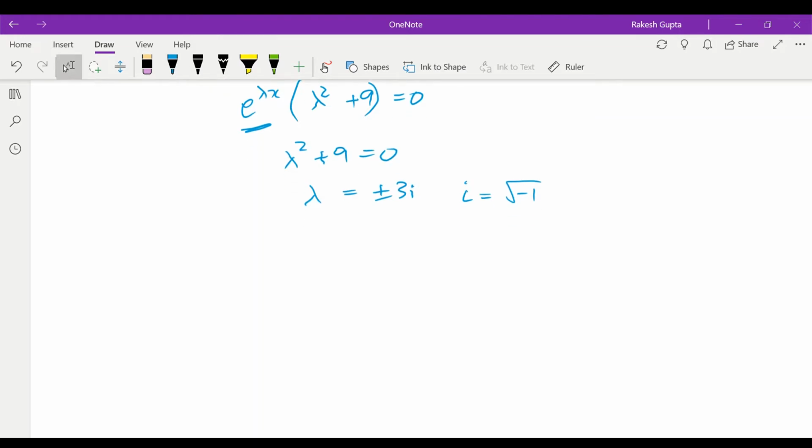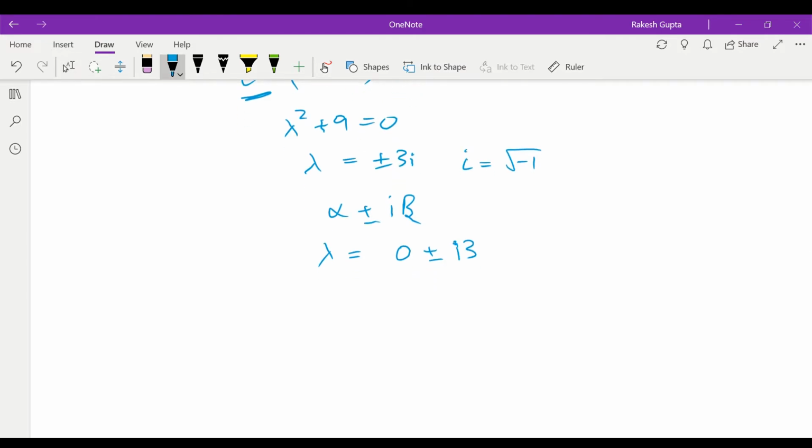Now if you see the general form of a complex number, let's just write it as alpha plus i beta. So writing lambda in the general form, we get 0 plus minus 3i, or i3, it's the same thing, it doesn't matter.